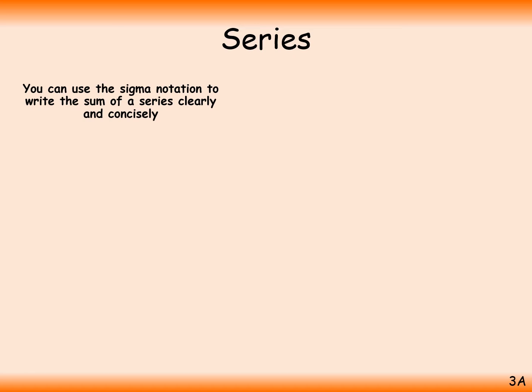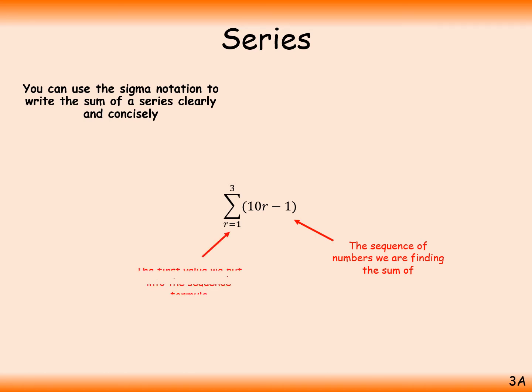So sigma notation is used for the sum of a series, and you would have seen something similar to this when you did geometric and arithmetic sequences in A-level maths. When we have a sigma notation like this, the sequence of numbers we are finding the sum of is defined.